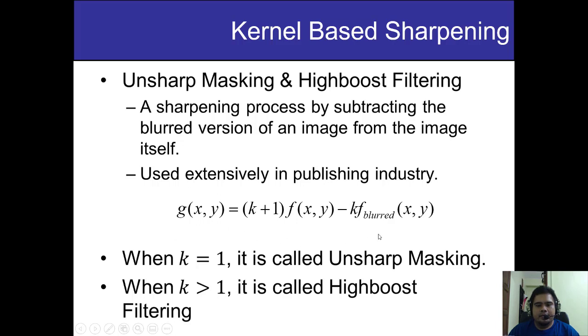Okay, you can see over here, this is the input image, and then this is the operation there. This is the formula of unsharp masking or high boost filtering. You can see that k here is a variable that you can vary later.